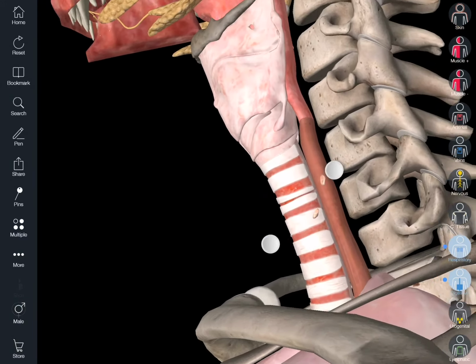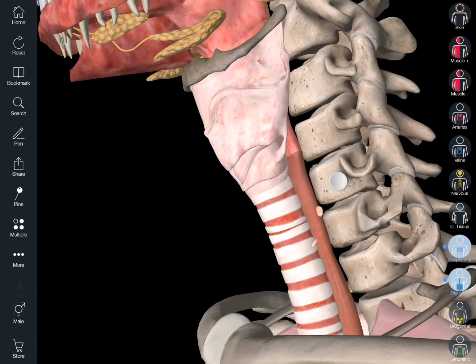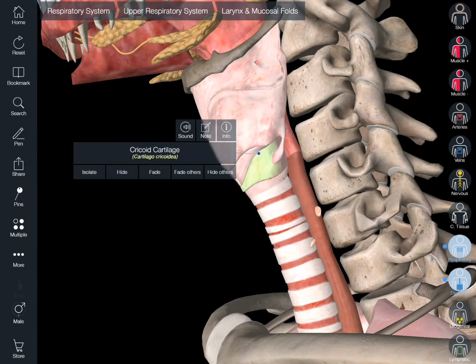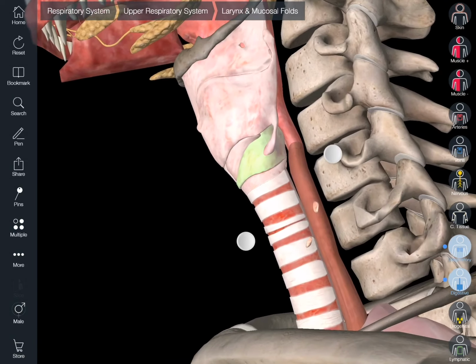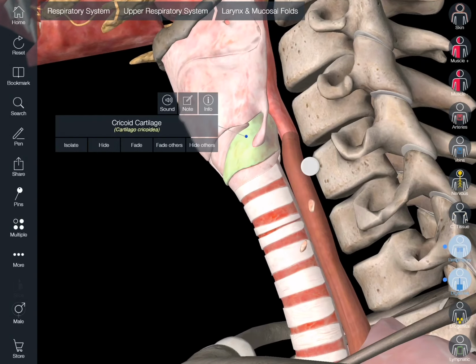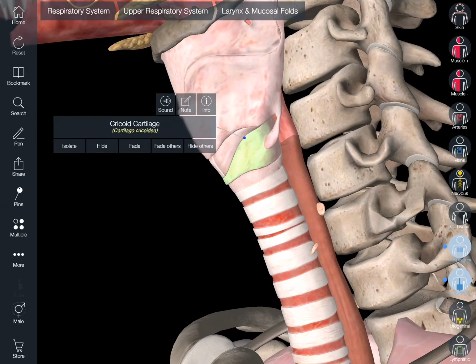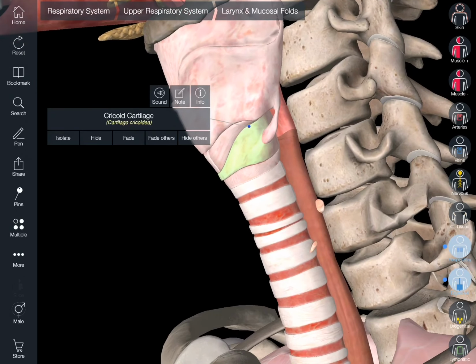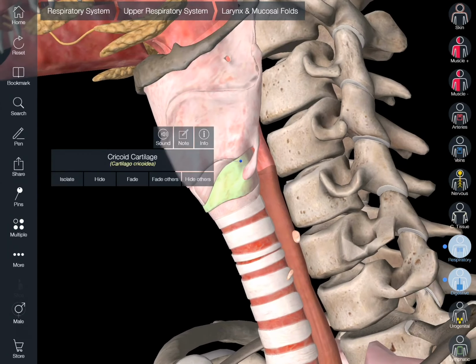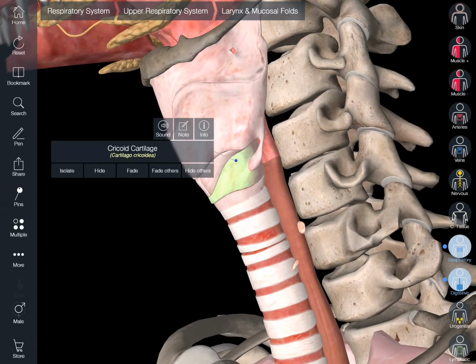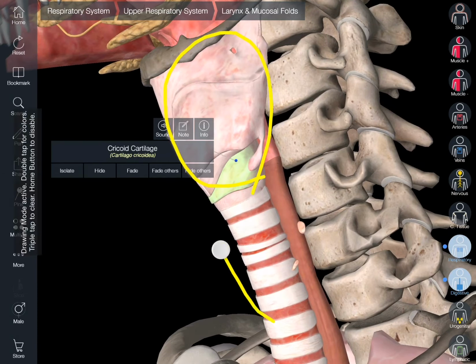Now let's talk about the cricoid cartilage exclusively. This is important because it's an important landmark in the neck. So, as we said, this stands opposite the C6, and it is at the junction of the larynx and the trachea.